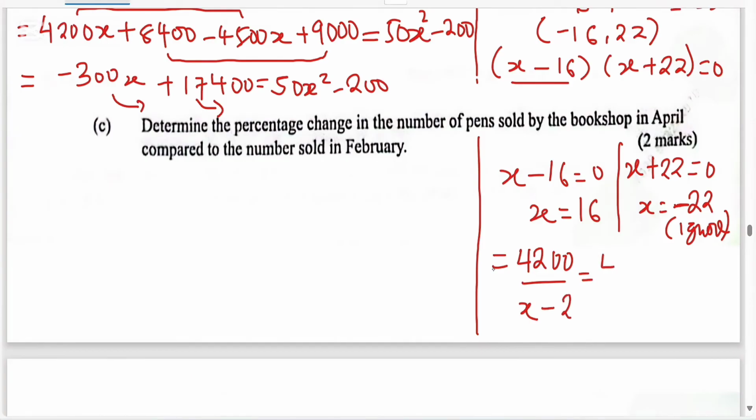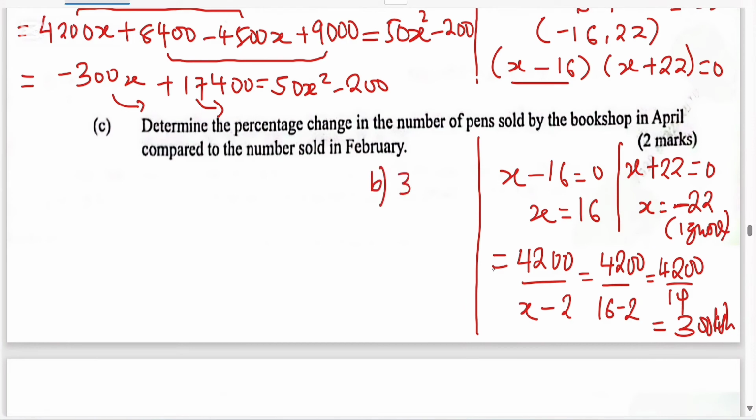So, in which 4,200, if you replace x with 16, it will be 16 minus 2. So 4,200 divided by 14, your answer should give you 300 Kenya shillings. Okay up to there. Remember, your answer for question B should give you 300 Kenya shillings.